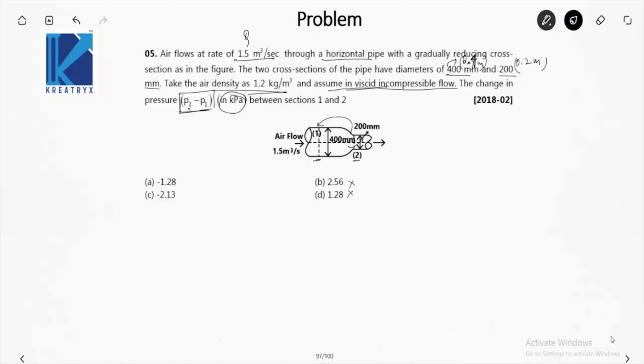So if you get your answer with a negative sign, that means your answer is correct, considering that you will not commit any calculation mistake.